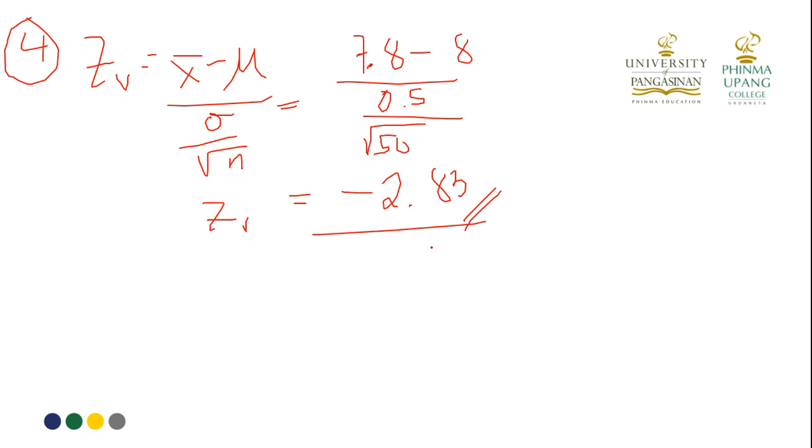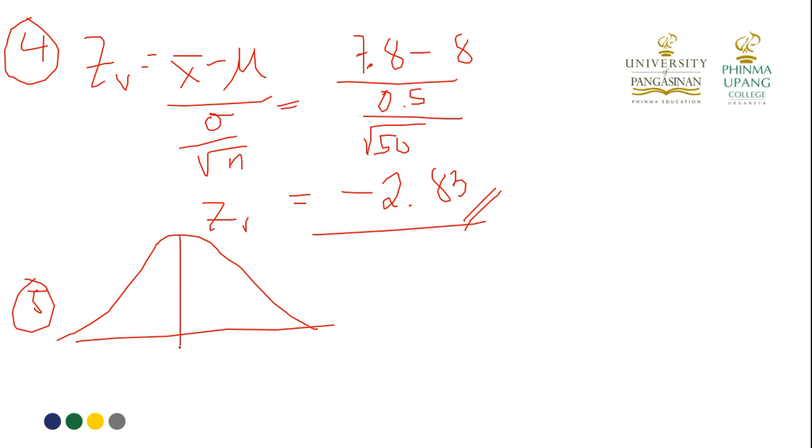Yes, we have the critical region positive and negative, but since the z value is negative 2.83, we're going to rely our answer at the left side of our normal distribution. So in number 5, we're going to decide now if we reject or accept the HO.